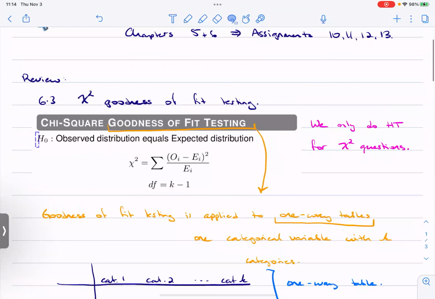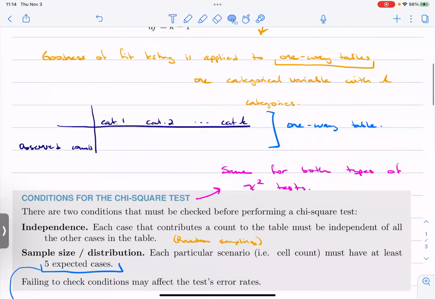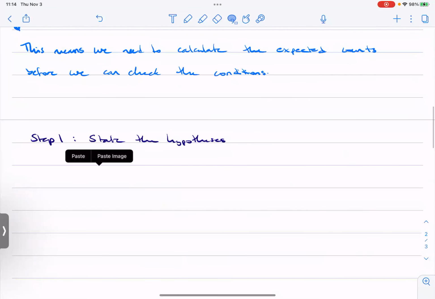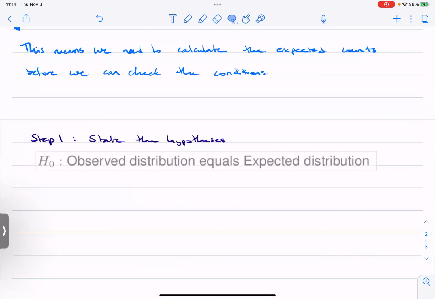I give you the null hypothesis. I'm not going to give you the alternative hypothesis because it's just going to be the opposite.